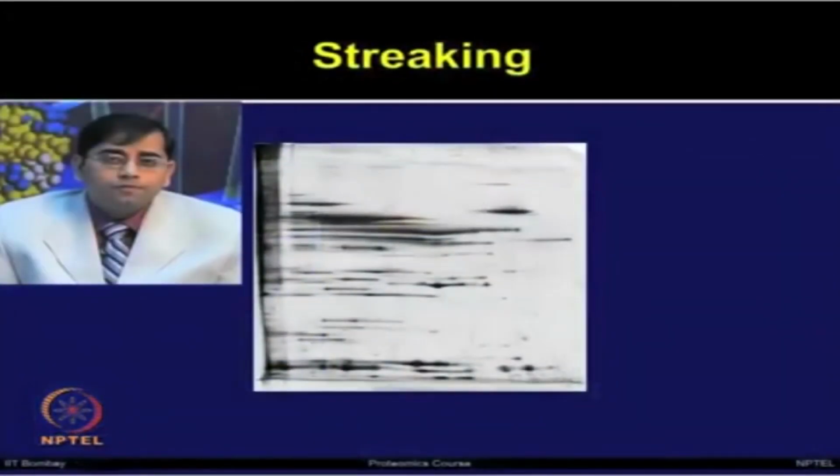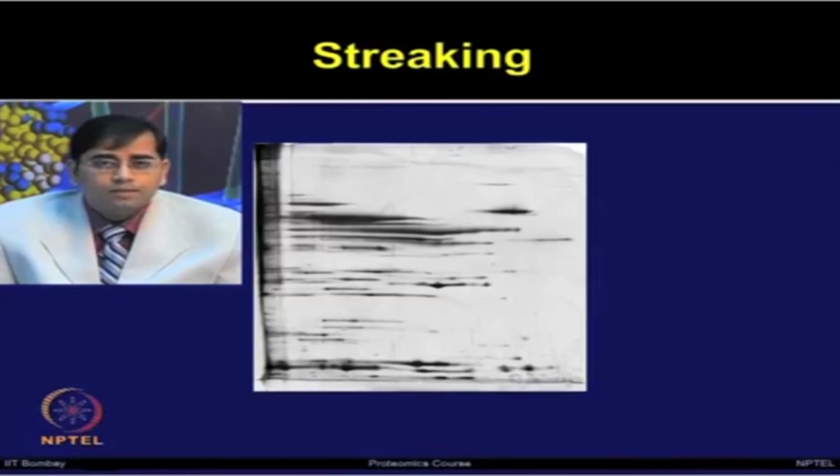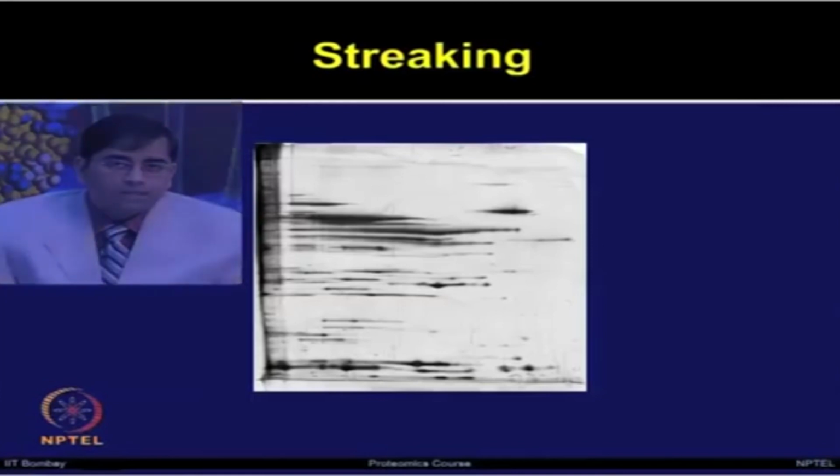Streaking is very often seen because of different types of problems, whether it is coming from the sample preparation or because of different types of interfering components. Often you have nucleic acid or carbohydrates still present in the mixture. The extraction method was not sufficient to eliminate all of those impurities. Many times salts and other interfering components are also present, which interfere in the IEF process, and one can see the streaking pattern after looking at the staining of the gels.